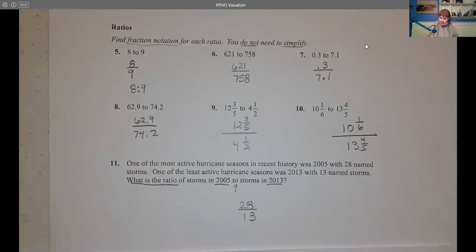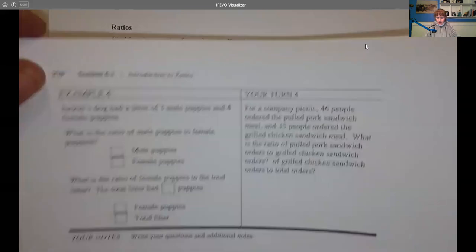Now, if it was ever multiple choice, they may have this as a multiple choice. It means the same thing. Notice the 28 comes first, and then you have 13. This would be read 28 to 13. So that's another way of writing a ratio. Okay, I have another one I'd like for you to look at.